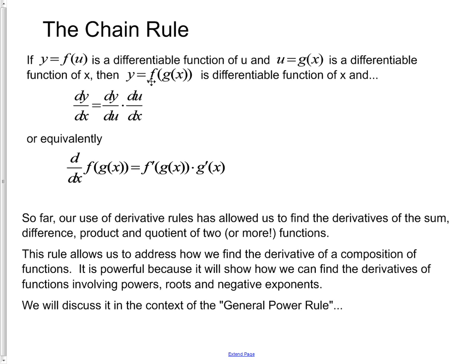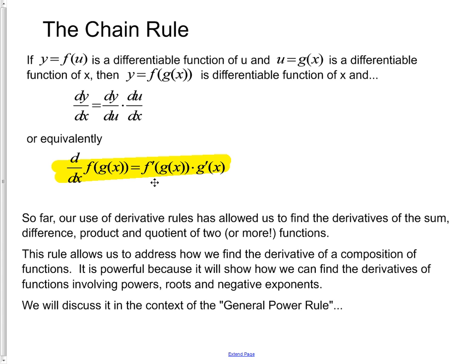Well, if we take the composition y equals f of g of x, it's differentiable with respect to x, and the derivative of f of g of x will be the derivative of the outer function, f prime of g of x, times the derivative of the inner function, g prime of x. Now, we don't take the derivative of the inner part until we do that separately.